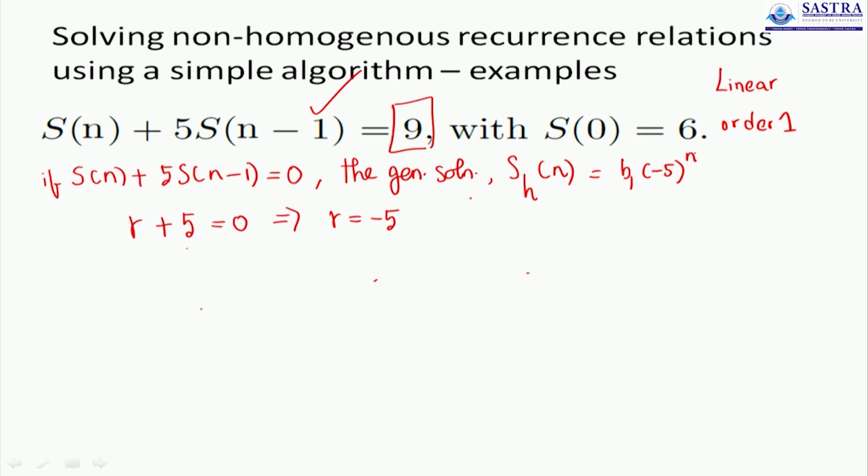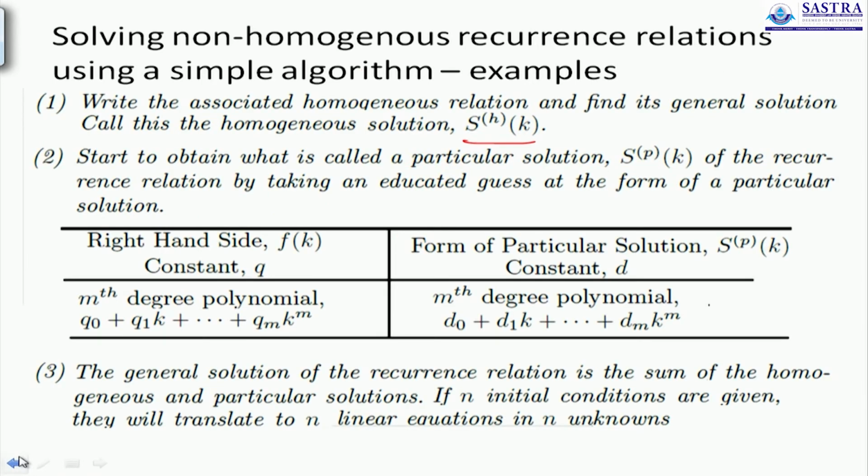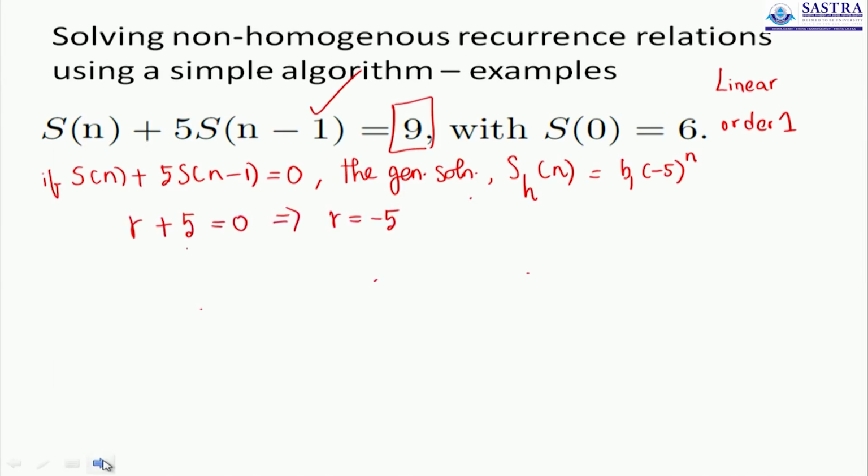Therefore, we will also find the particular solution, and recall the particular solution is obtained by retaining the nature of f of n. The given function is a constant because we have only 9 on the RHS. S of n plus 5 times S of n minus 1 is just 9, it is a constant, which means our particular solution is also going to be a constant.